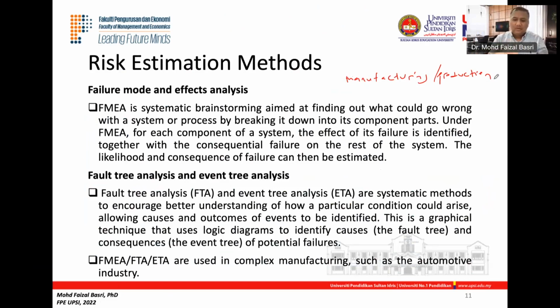Because if they don't cater for a certain process, then the following process will be delayed, and therefore it will cause the whole production to stop, for example. So this kind of industry can use FMEA or fault tree analysis or even event tree analysis. They are more graphical and you can see in detail the process with their potential failures.